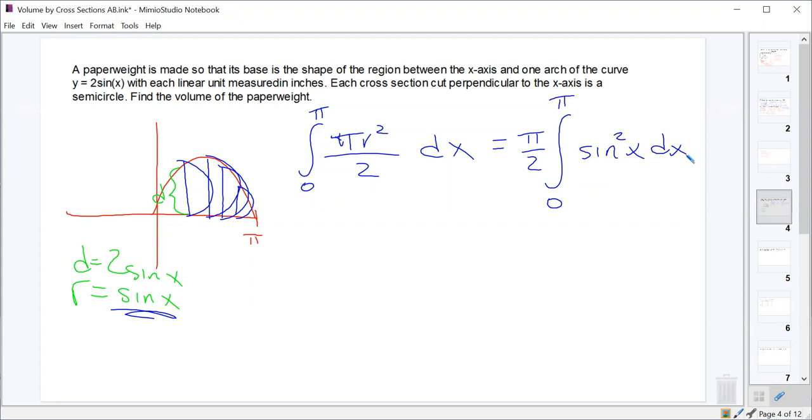I think we did one or two of these similar to sine squared or cosine squared back in quarter 2. Not the first time we met, but in quarter 2. Anybody remember how to integrate sine squared? Anybody at home? Sine squared.